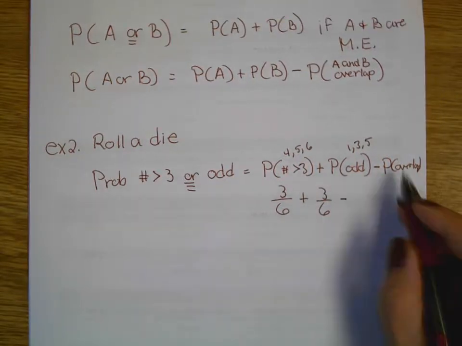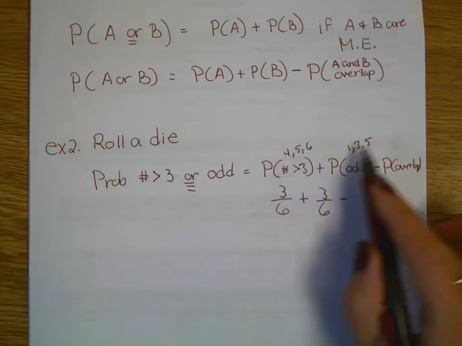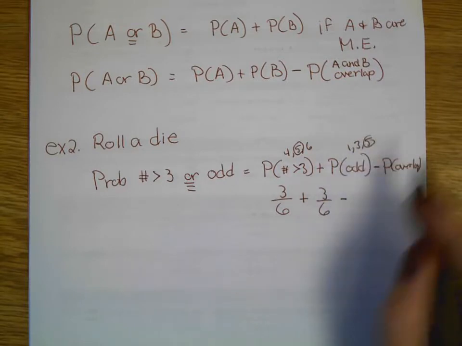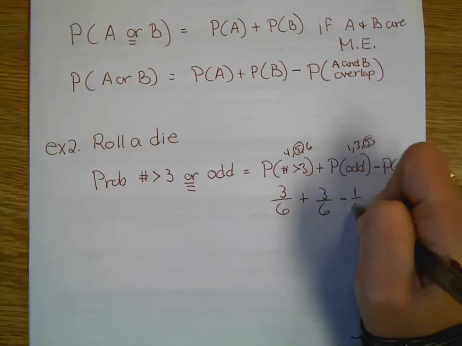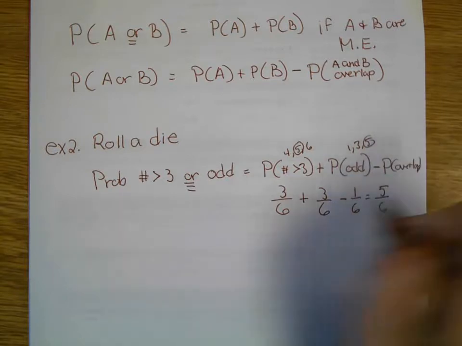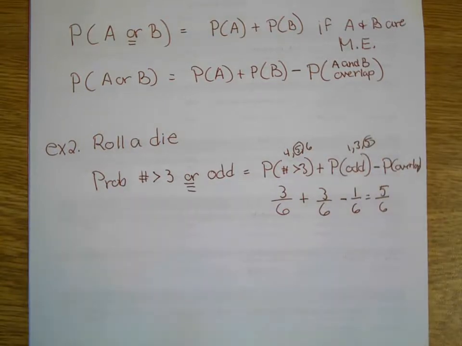I double counted, if you look at the outcomes here, I double counted the 5, so that's one number that double counted, so I got to subtract off that 1/6. So I've got a 5 out of 6 chance of rolling a number greater than 3 or an odd. So when you see or, remember, do I have to subtract off any overlap?